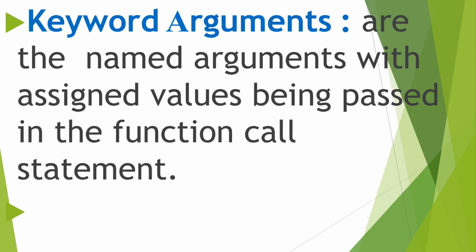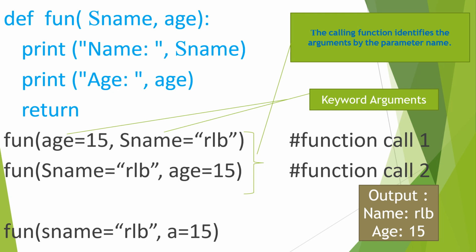Keyword arguments. These are the named arguments with assigned values being passed in the function call statement. We can understand it with the help of an example. Like in this example, the function header is containing two parameters, sname and age.